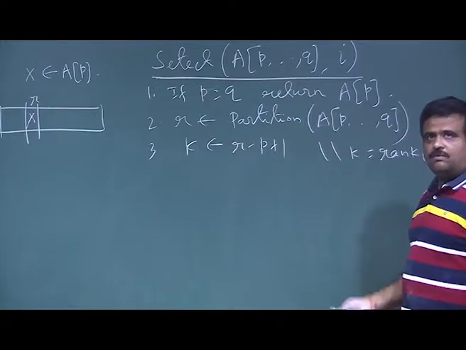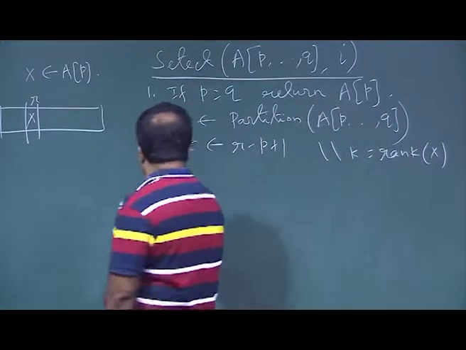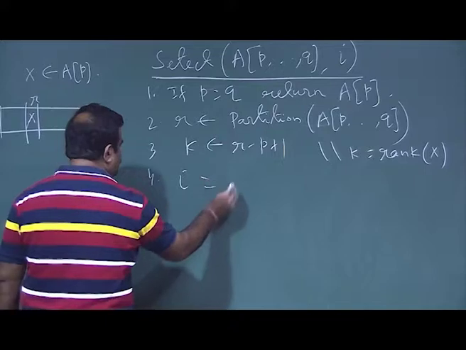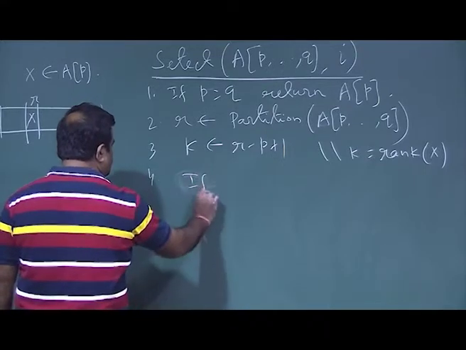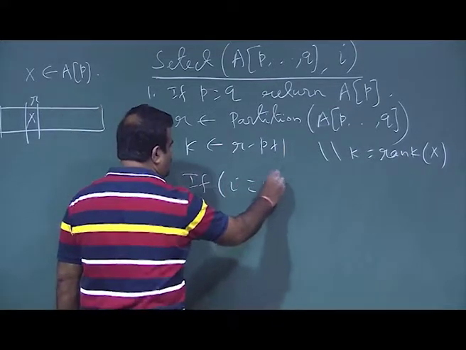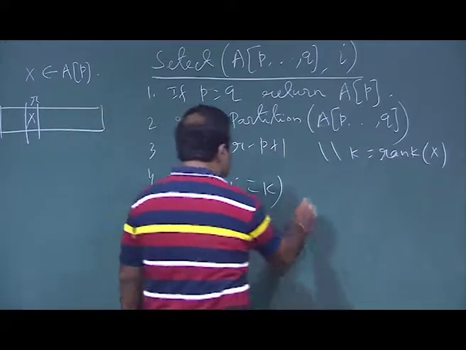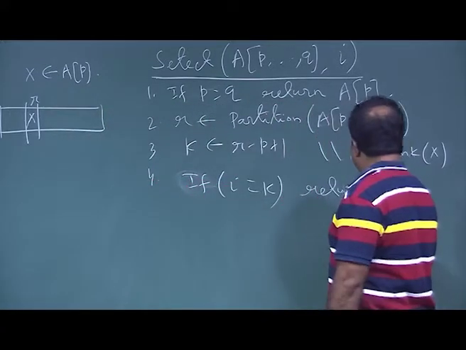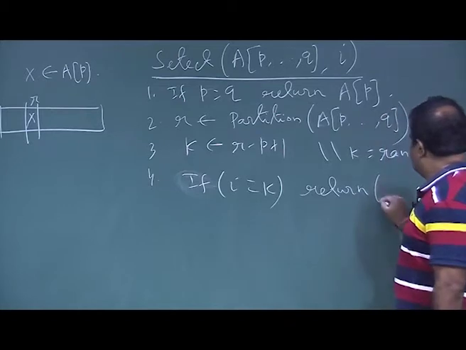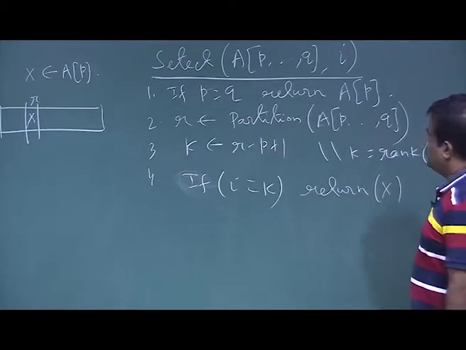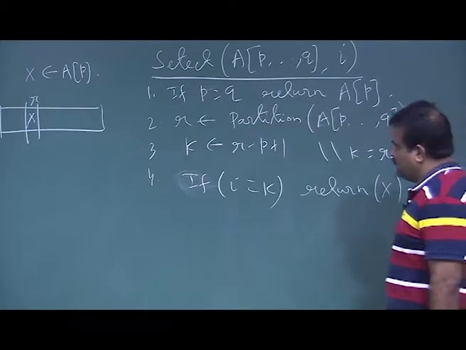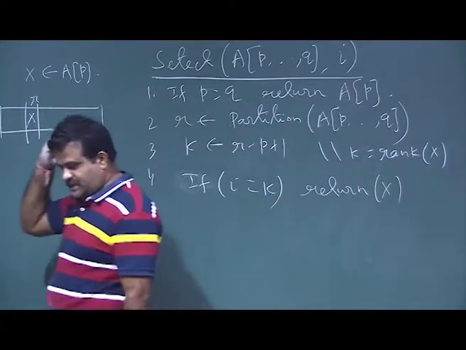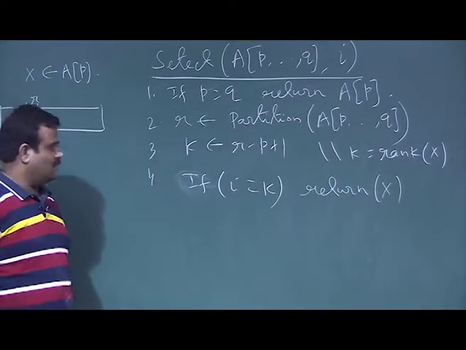Now if we are looking for the kth smallest, I mean if i is equal to k, then we just return x, that is A[P], the pivot element basically. Happy, lucky case.